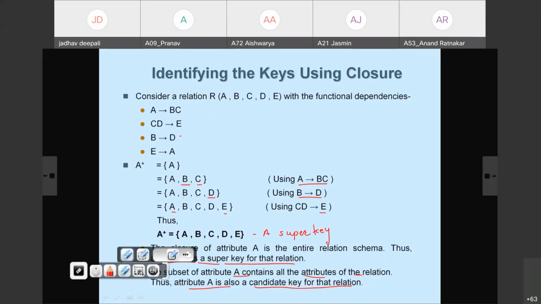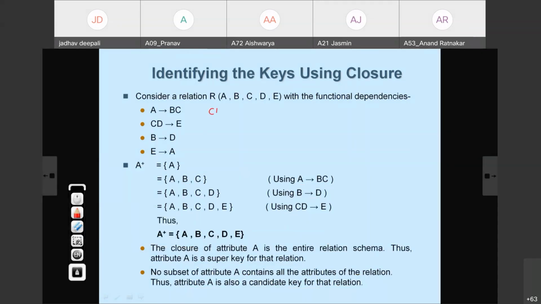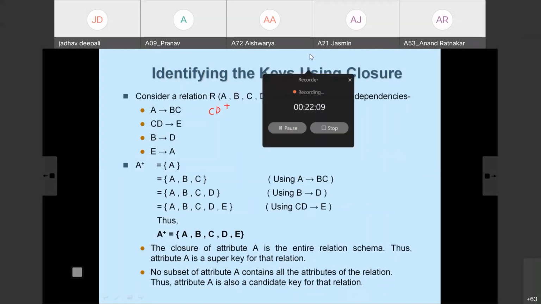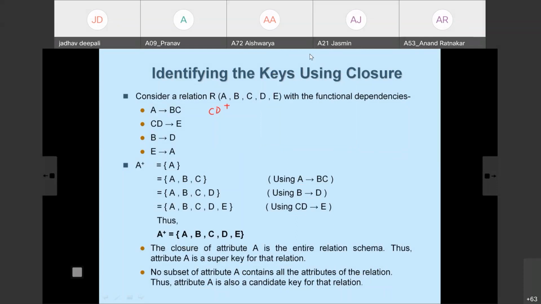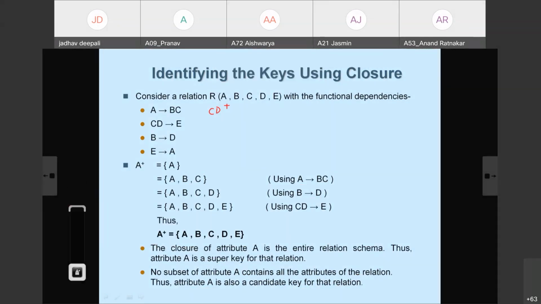Now we see another, that is CD closure. We are going to find out CD closure. So when we try to find out the CD closure here, first CD is added into the result.